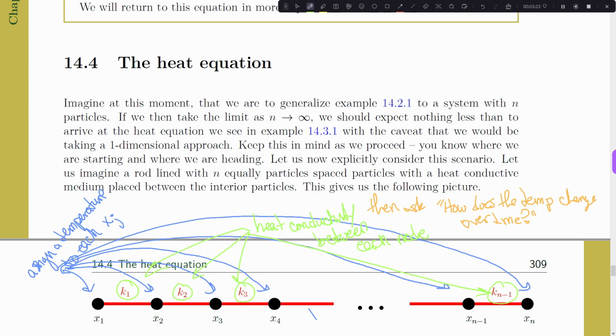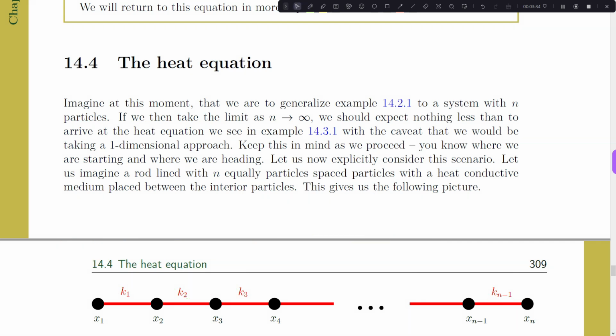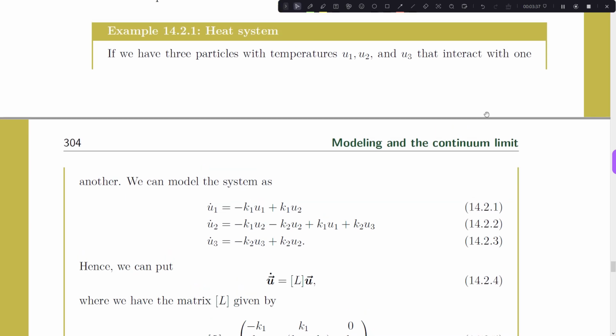So how do we actually set this up? Well, it's not a PDE yet. It is, in fact, 14.2.1, which we saw earlier in this chapter. We called it a heat system. This is the heat system where I only have x1, x2, and x3, or I've relabeled the x's as u's here. What we can see from these heat systems is that u1 loses heat depending on how hot it is.